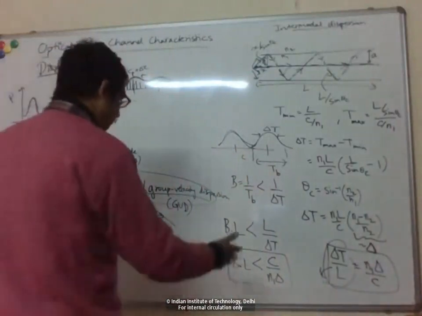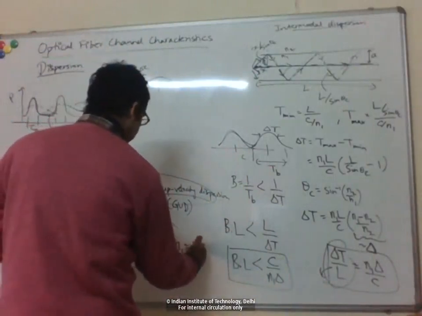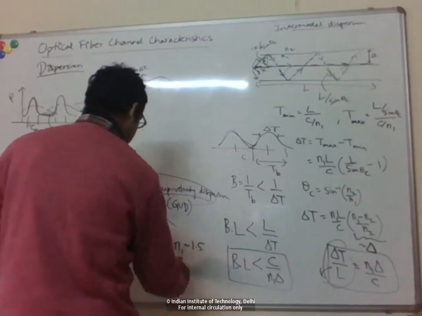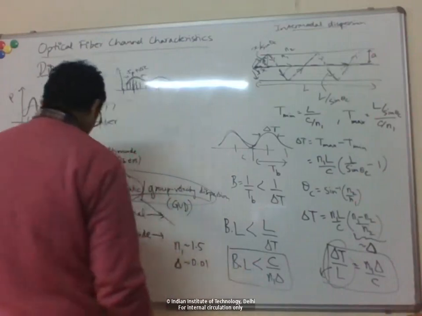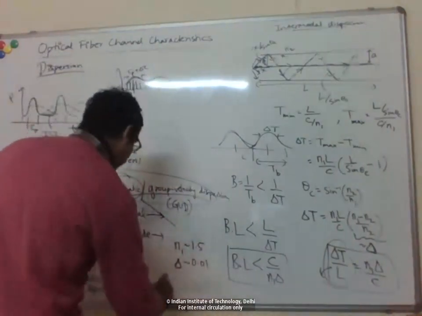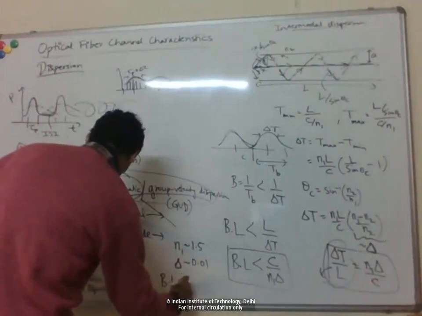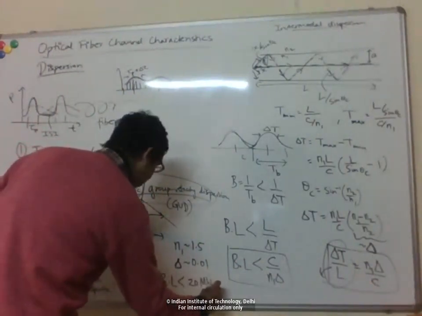If you take a look at typical multimode fiber, the core index is about 1.5 and delta is about 0.01. If you plug in the numbers here, you are limited to about 20 megabit per second kilometer.